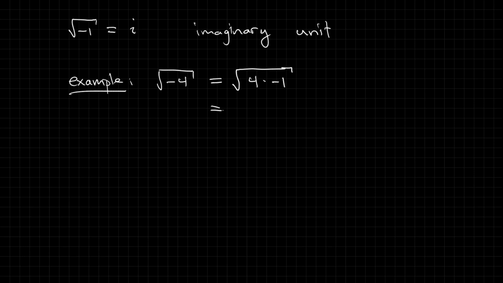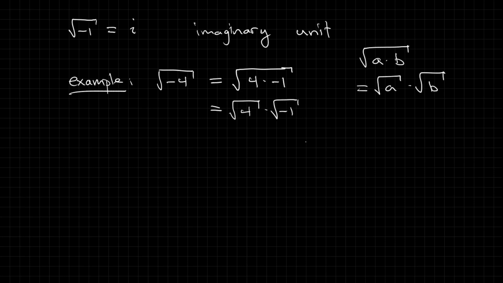And now there is a property of square roots where if you do the square root of two numbers, that's the square root of the first times the square root of the second. So I can write this as square root 4 times square root -1. And thus this would be 2 times i.